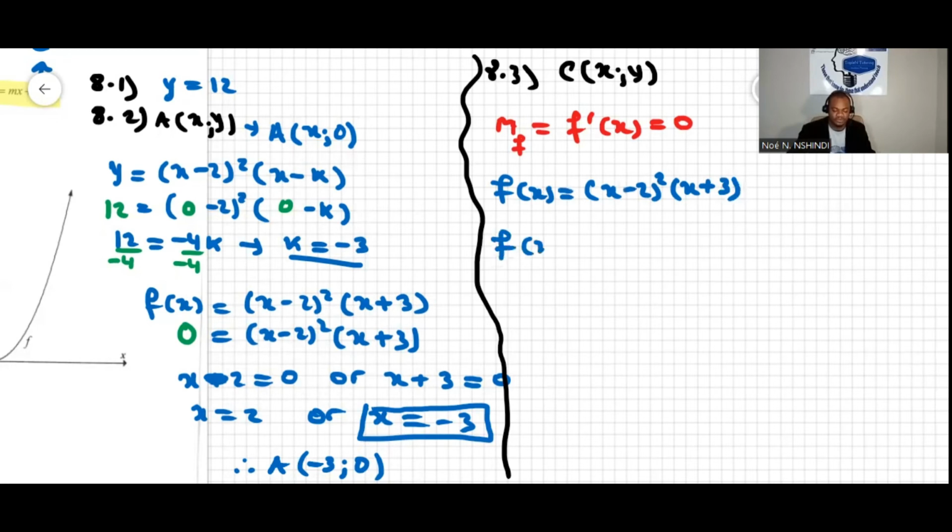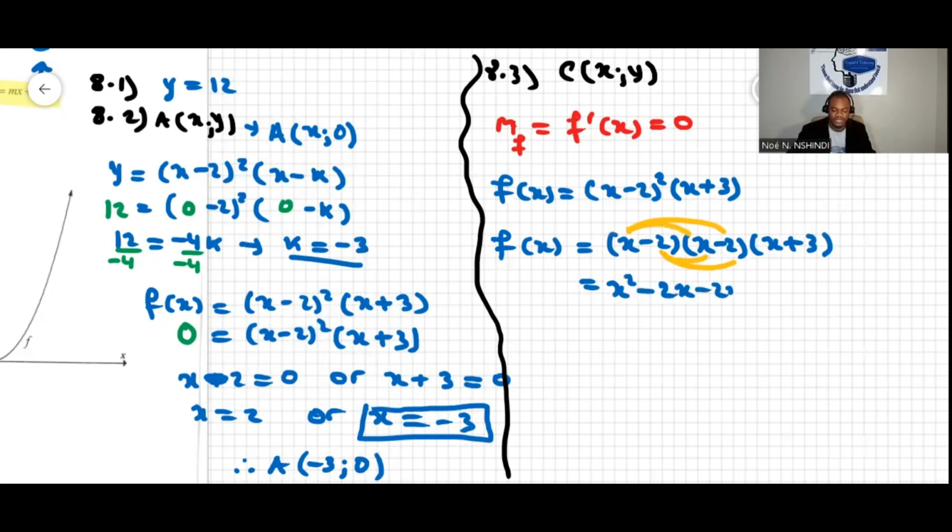So now f of x will be equal to (x minus 2)(x minus 2)(x plus 3). Let's first do x times x, and then x times -2, -2 times x, -2 times -2, and then this will be x squared minus 2x minus 2x plus 4, times (x plus 3). We can simplify this.